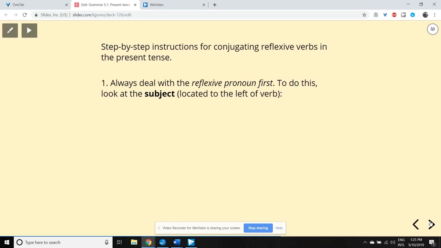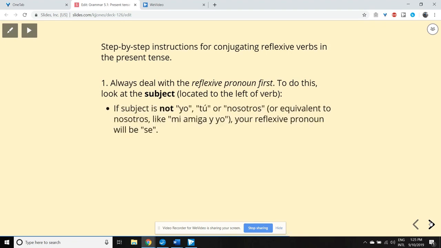So, some step-by-step instructions for conjugating reflexive verbs in the present tense. Step 1, always deal with your reflexive pronoun first. To do that, of course, look at the subject, which will be located to the left of the verb. If the subject is not yo or tú or nosotros, or equivalent to nosotros, like mi amiga y yo, because anybody plus I is we, right?